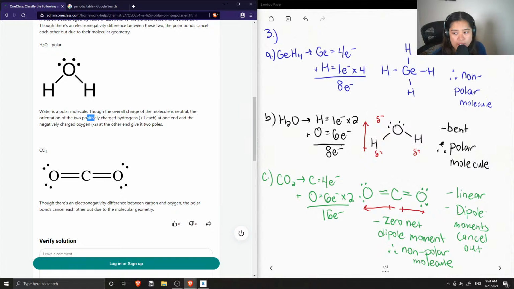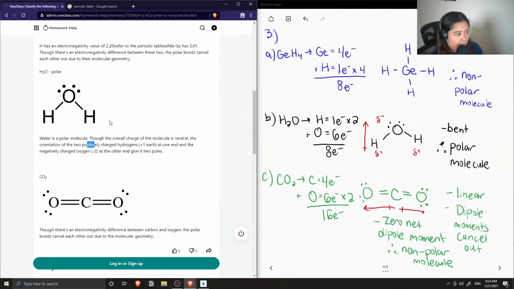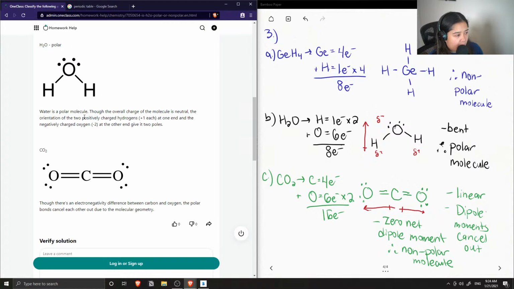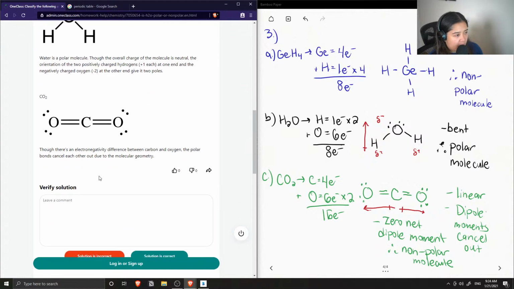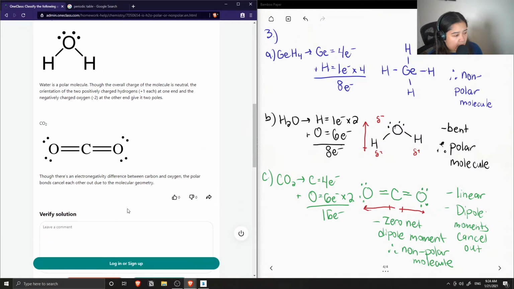We refer to them as partially positive. So I'm just going to fix the wording for the second explanation. And for CO2, though there's an electronegativity difference between carbon and oxygen, the polar bonds cancel each other out due to the molecular geometry. Okay, so this solution is correct.